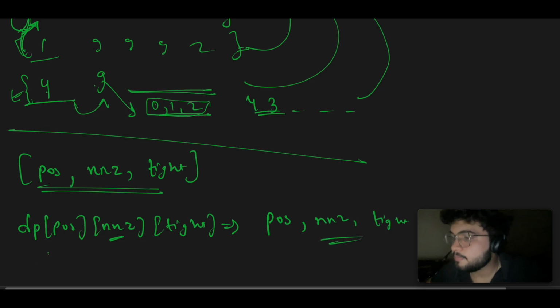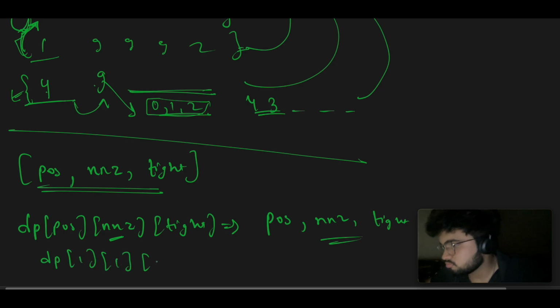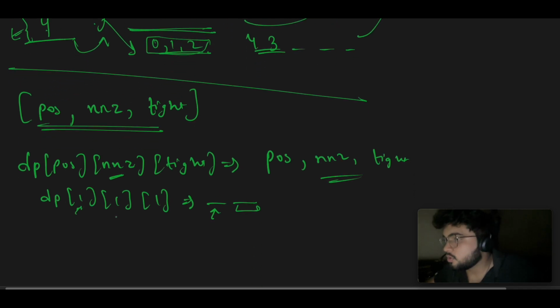For example, dp of 1 1 and 1. This shows that if this number is already filled, we are at this position, okay, right? So this is the first position, right? And we already have non-zero numbers as 1, so at this position we already have 1, and tight situation is also there, so we cannot use any number.